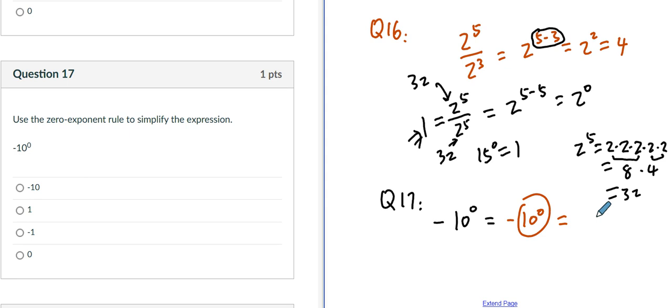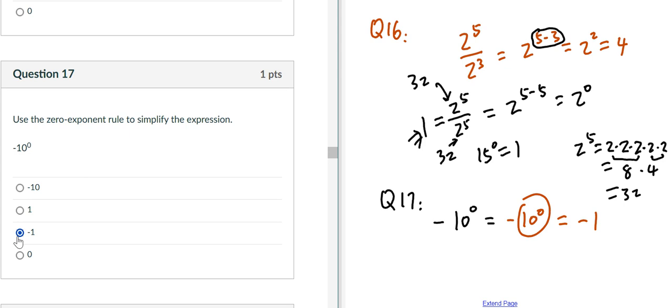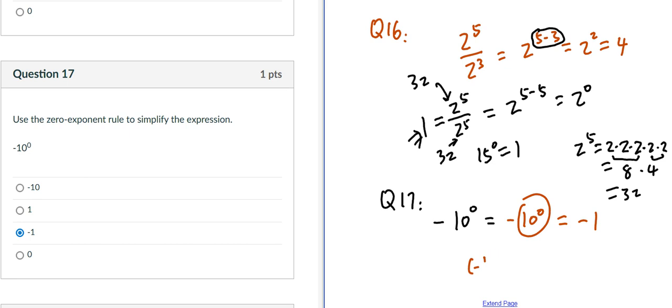That will give you 1. And then you have a negative. So in this case, this answer is correct. It is different if it were like that. What is the answer? This will be positive 1. Any number to the 0.